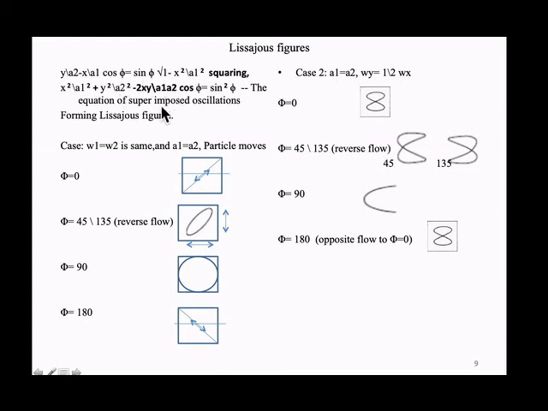Then if I see this, when x is 0, y becomes plus or minus a by root 2. When y is 0, x is plus or minus a by root 2. So like that, the particle vibration goes on like this.